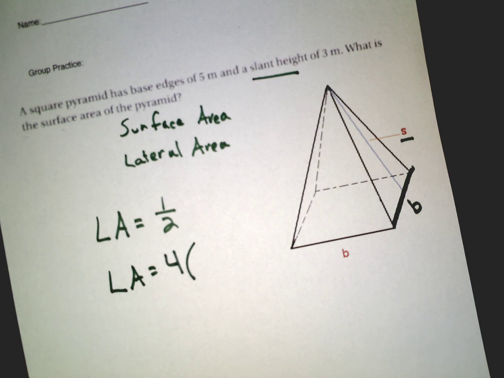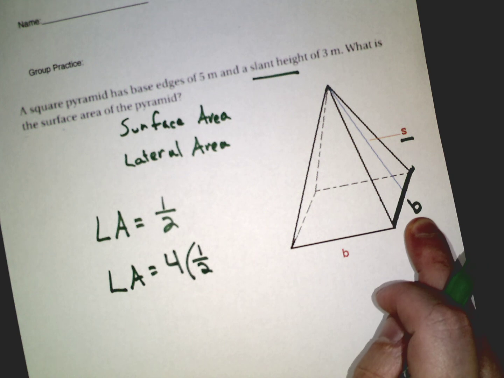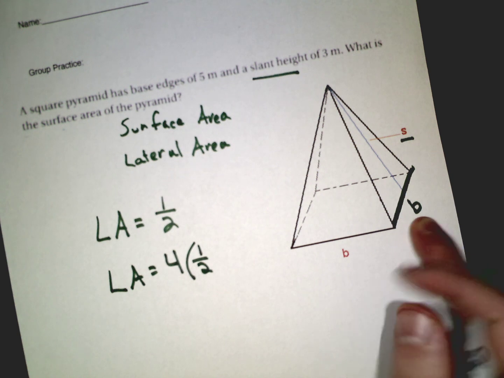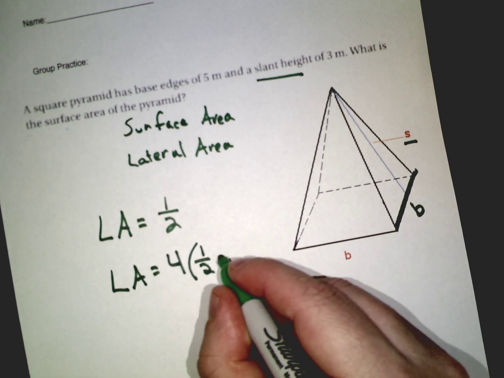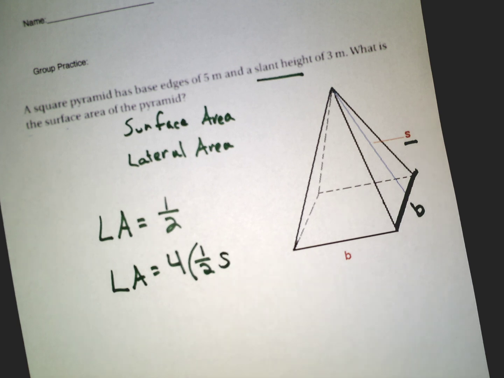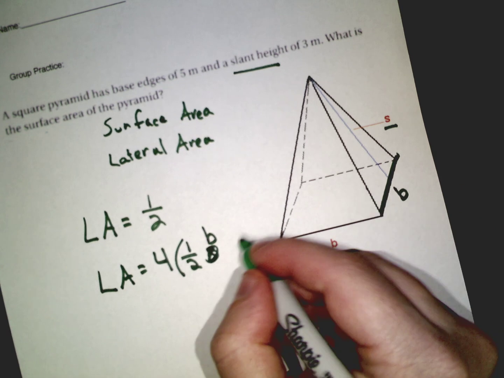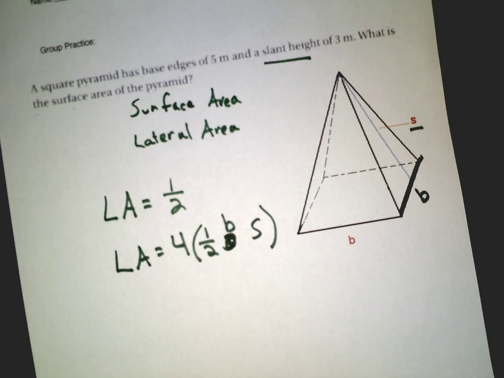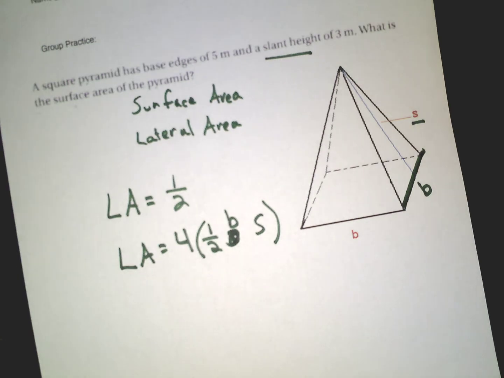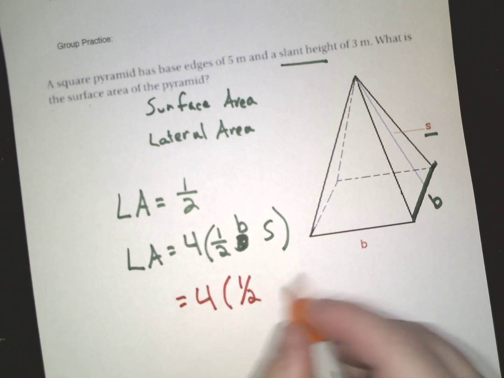Inside the parentheses, I'm going to concern myself with 1/2 this base. This base here is really just the side of a square. And I'm going to call this B, my base size, times S, my slant height. So 1/2 BS.